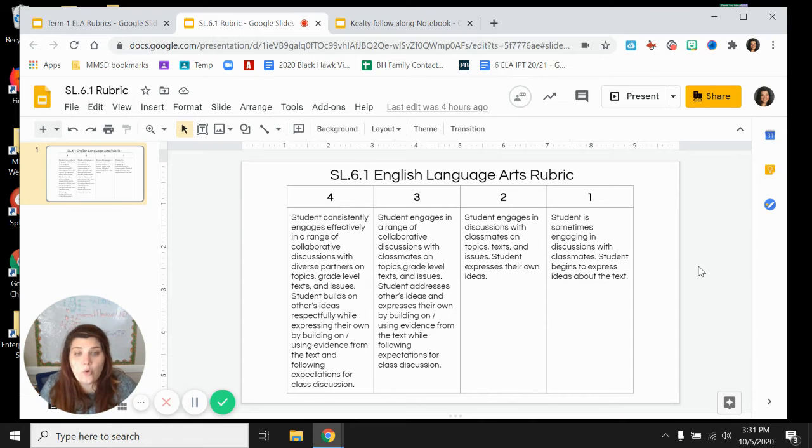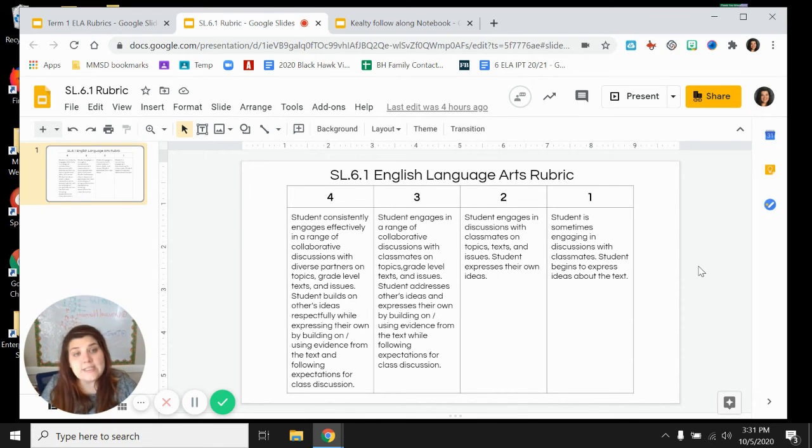And the main goal of this grade is for those of you who maybe struggle a little bit with writing, this is another way for us to look at your ability to collaborate with your classmates and to have discussions with your classmates about grade level texts and materials. We also want to make sure that you're able to build on your ideas and to use textual evidence in a way that follows our expectations in class.